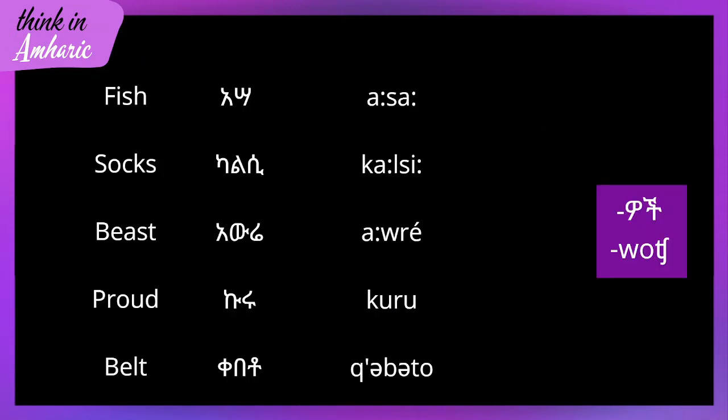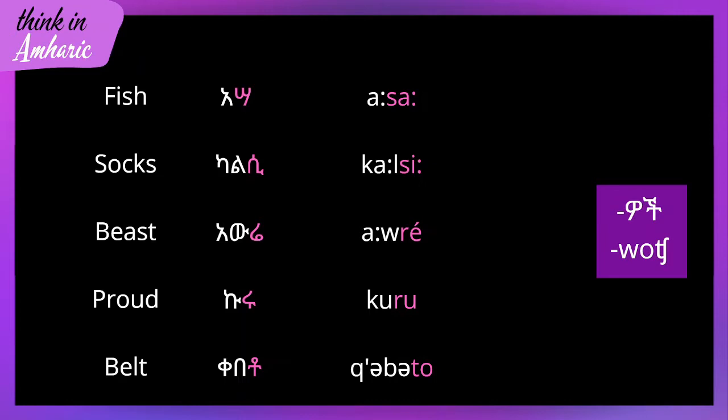Here you can see 5 different words with 5 different endings. Fish in Amharic is asa. The ending is a, the a vowel sound. A sock is kalsi, ends with e. Beast is aure, which ends with a.